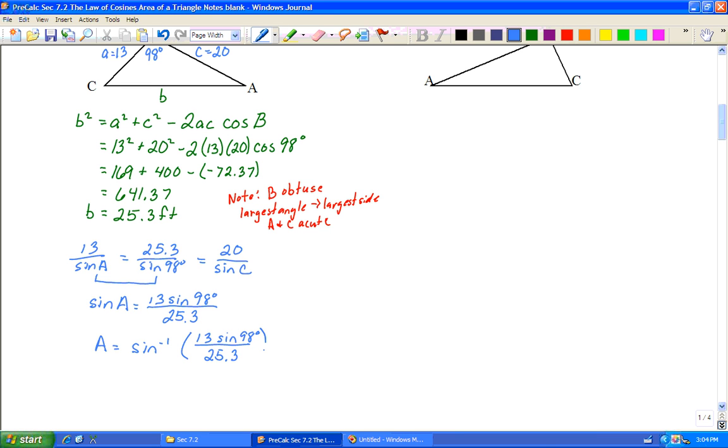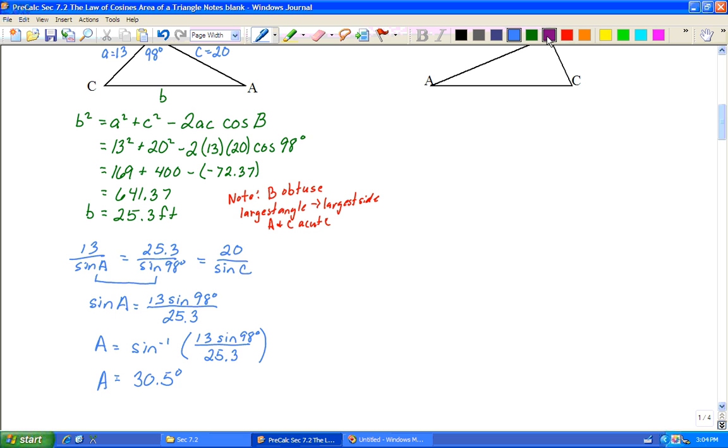If you put that all in at once, make sure you put the parenthesis after the 98 degrees so it knows it's not taking the sine of the division by 25.3. You type that in, and angle A is equal to 30.5 degrees.